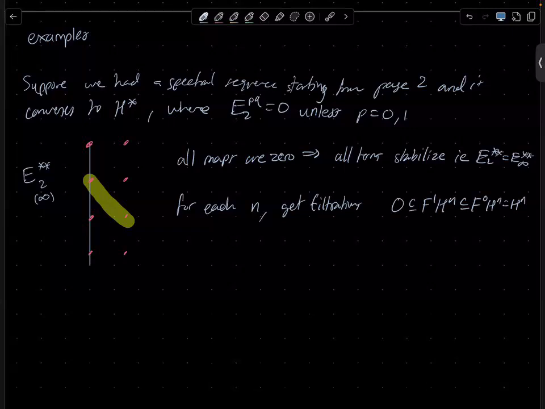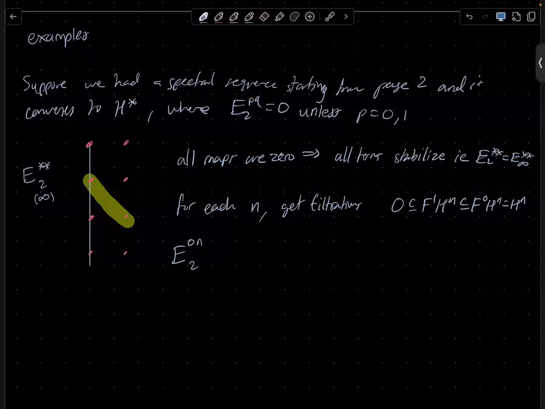Now what does the convergence result or definition say? It says E infinity, which is just E2, with indices p, q. Either p is 0 or 1, so I'll start with 0, and then q can be anything, so I'll do 0, n, because p plus q equals n anyway.